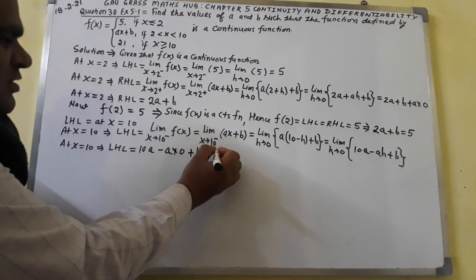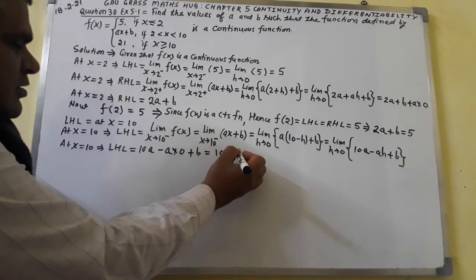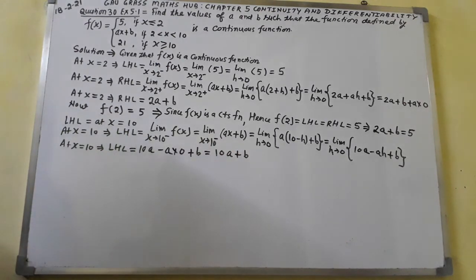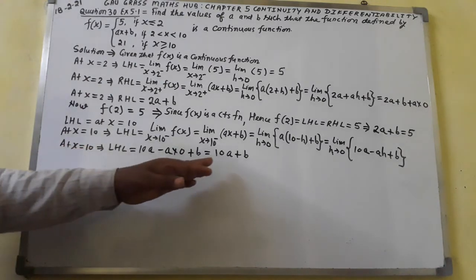So you will get 10a plus b. So the left hand limit at x equal to 10 is 10a plus b.